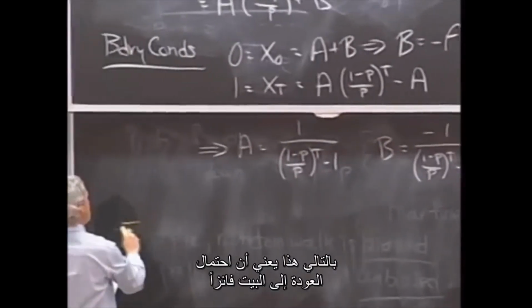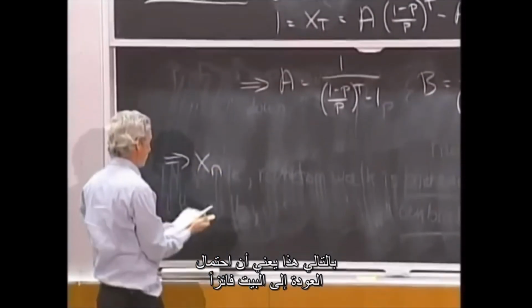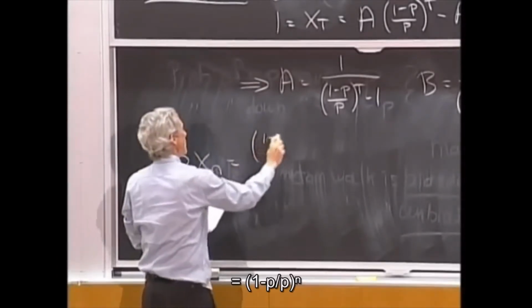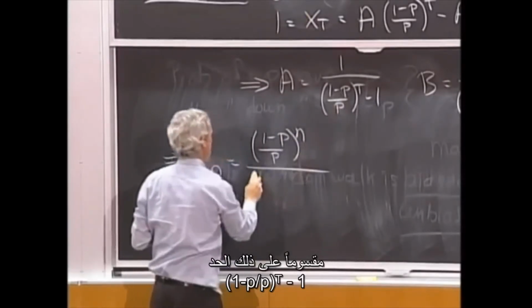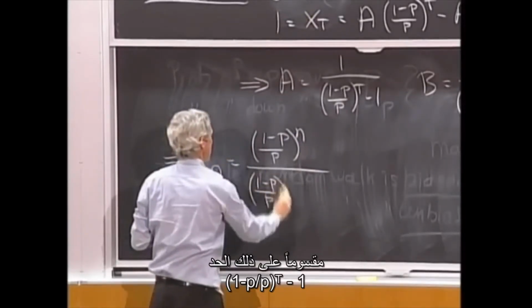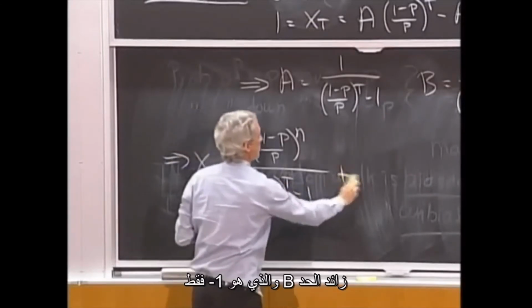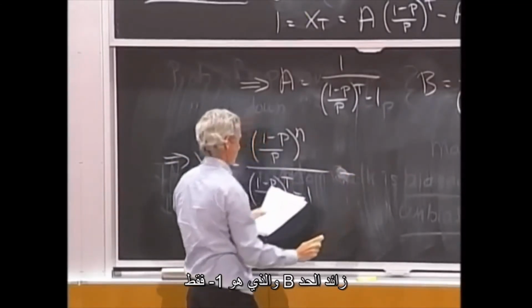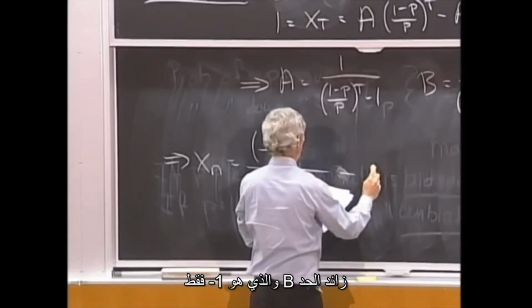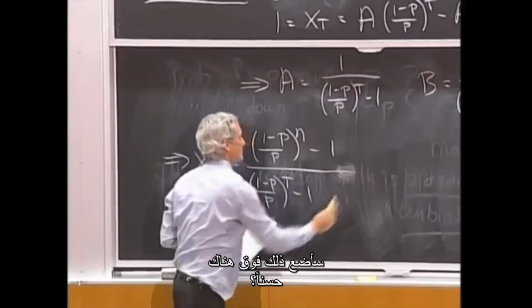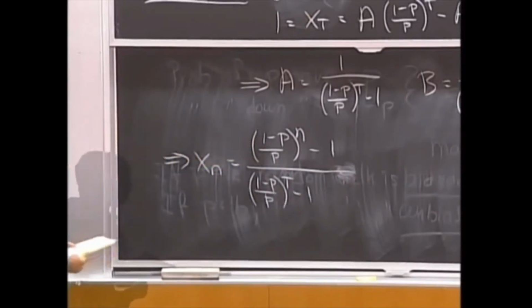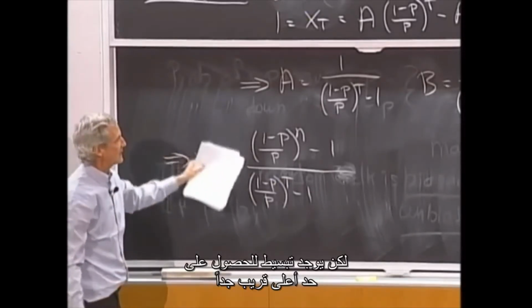So this means that the probability of going home a winner is ((1 minus p) over p) to the n over that thing, ((1 minus p) over p) to the t, minus 1, plus the b term, which really is a minus term here, it's just minus 1. Put that on top here. Now that sort of looks messy, but there's a simplification to get an upper bound that's very close.